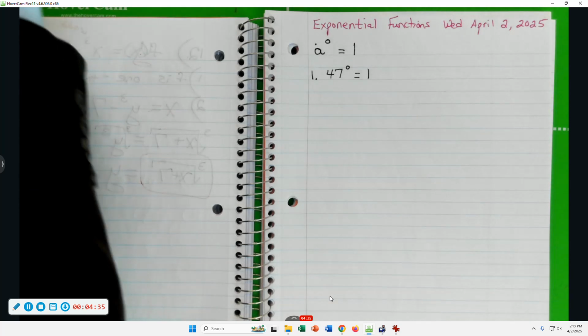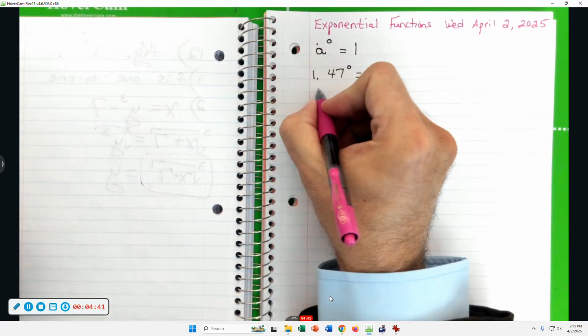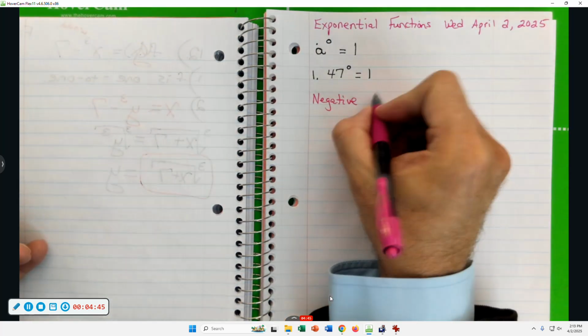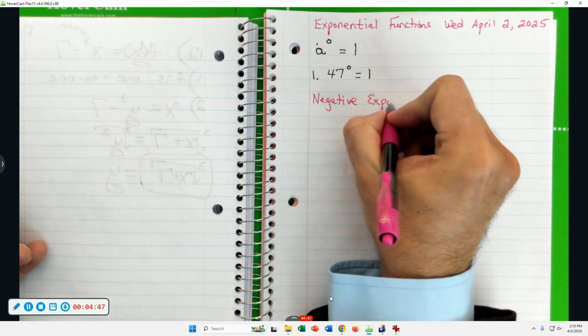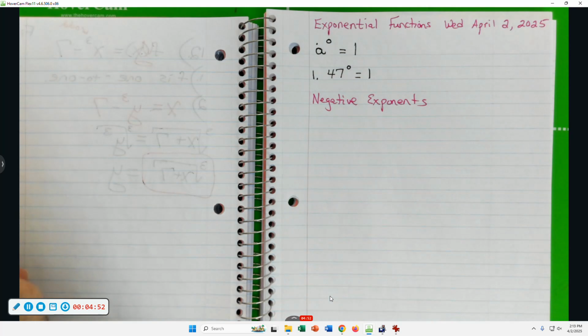Okay? Now, the next rules that we have, we're going to define what we mean by a negative exponent. I'm going to state 2 ways of defining negative exponents. I'm going to write it as an integer, or something that's not a fraction, to a negative power, and then I'm going to define it for a fraction to a negative power.